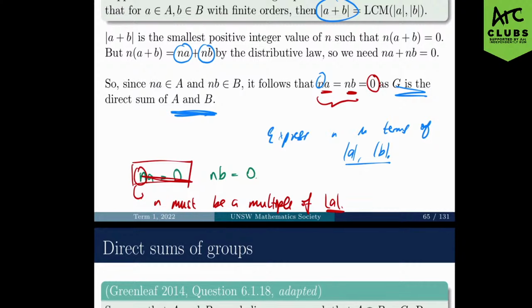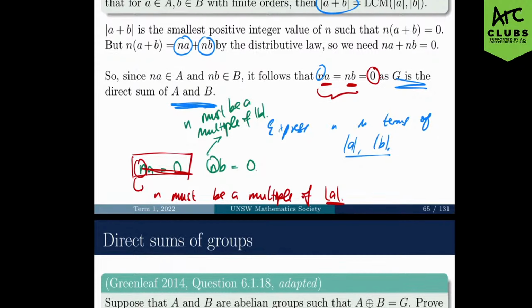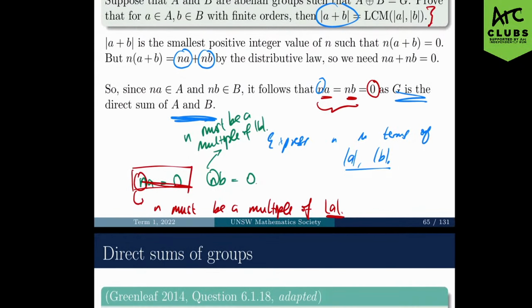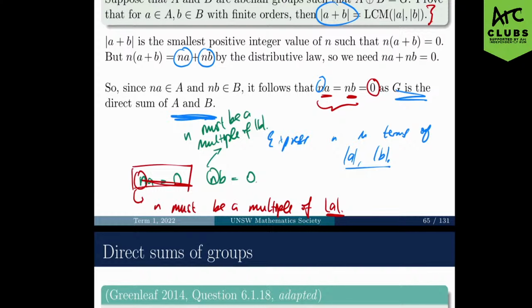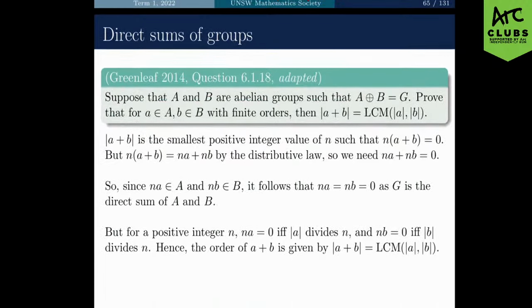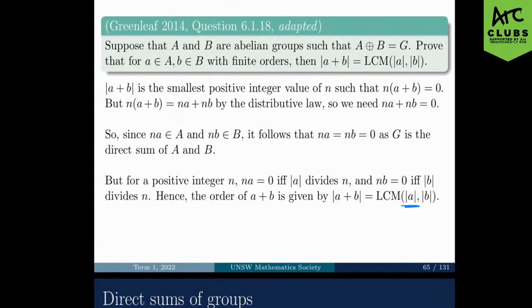Yeah, so over here, we also need n to be a multiple of the order of B. So, combining those two, it seems like the conclusion follows, right? Because for n to solve both of these equations, we need it to be a multiple of both the order of A and the order of B, which means that it needs to be a multiple of the LCM of the order of A and the order of B.